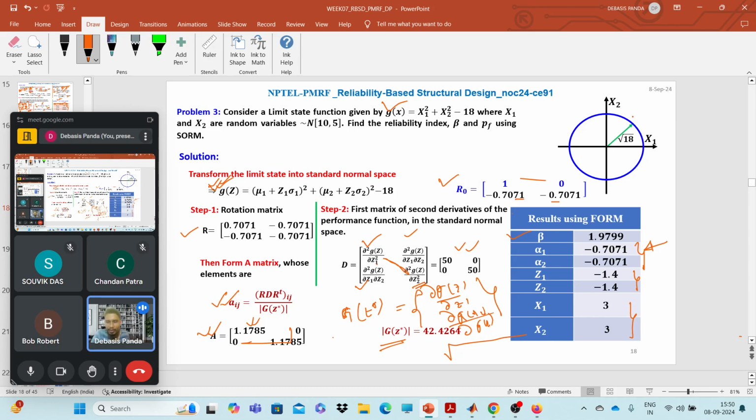It's a basic equation of a circle, already given in your problem. If you forget about the circle and just look at the limit state, what does this imply? It implies the equation of a circle where root 18 is the radius.